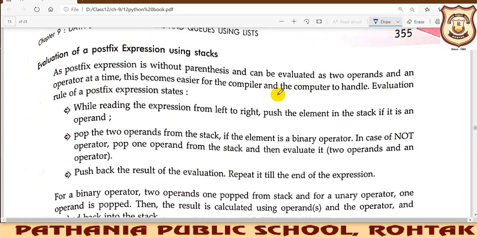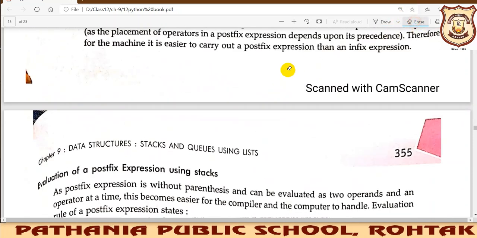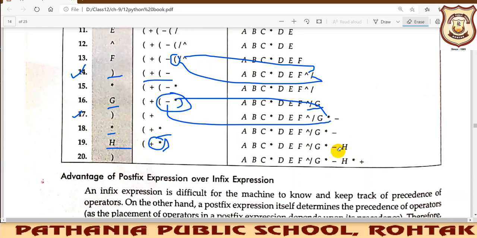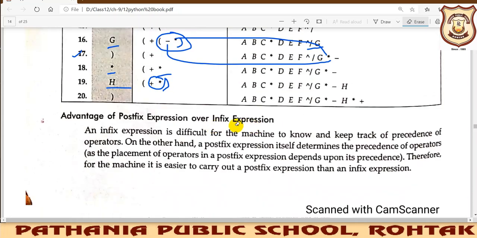Okay, now the next topic is the advantages of your postfix expression over the infix expression. Why do we prefer postfix expressions over infix? We are trying to convert infix to postfix, so why are we doing so? Because an infix expression is difficult for a machine to handle. It is difficult for the machine to know and keep track of the precedence of the operators.